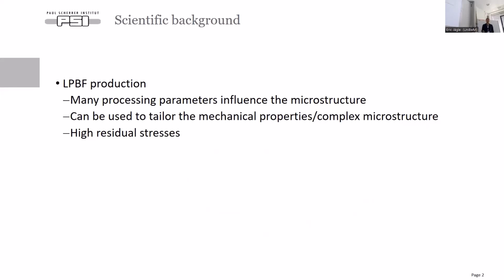You have many processing parameters that influence the microstructure, and you can use these different parameters to tailor the microstructure or even create a complex microstructure within one sample. Also, with laser powder bed fusion, you impose quite high residual stresses in the sample.